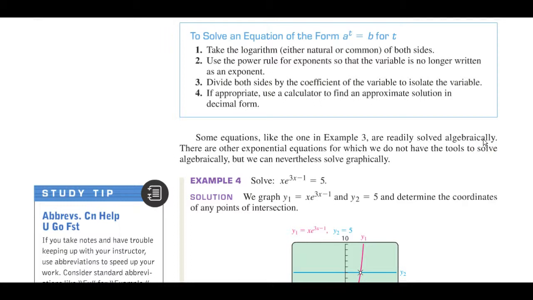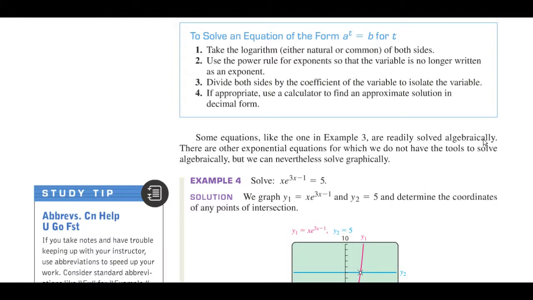Okay, here's a little summation of the rule. Well, you can kind of read it over as I do too. To solve an equation of the form a to the t power equals b for the letter t, we take the logarithm, and you can use either natural, the letter e, or common, base 10, of both sides. Use the power rule for exponents so that the variable is no longer written as an exponent.